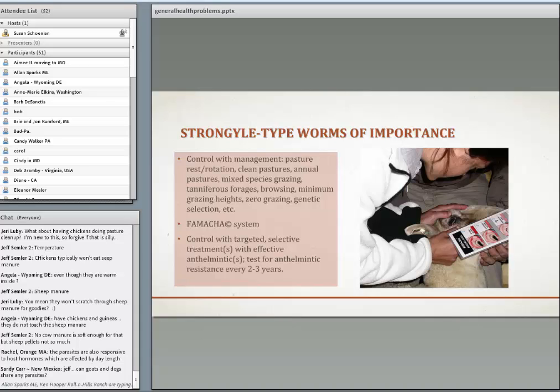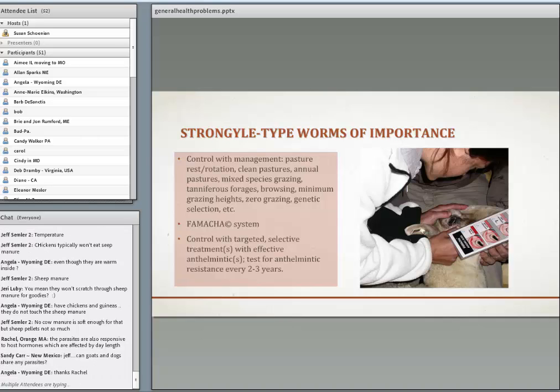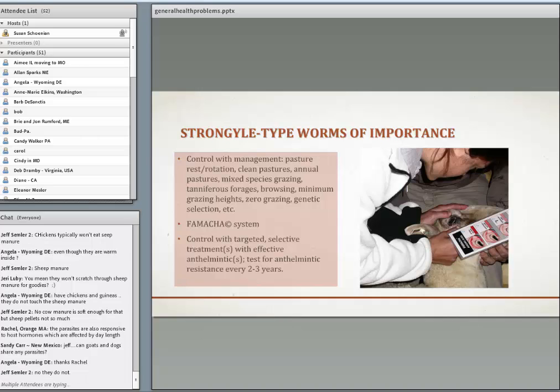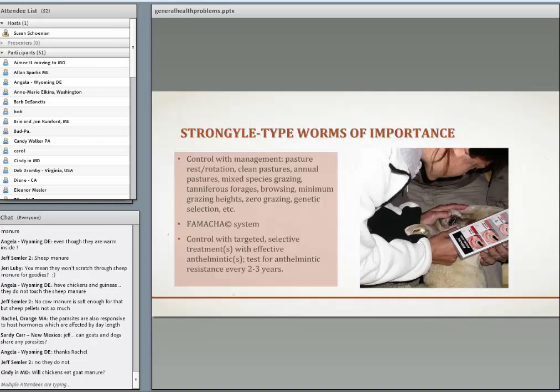It's been shown that about 20% of the animals are responsible for about 80% of the infection that goes out onto the pasture, of the fecal egg count. So there's a tremendous opportunity to select animals that are more resistant. And of course I've mentioned already that at our buck test, that's one of the things we're attempting to do, is select bucks that are more resistant.